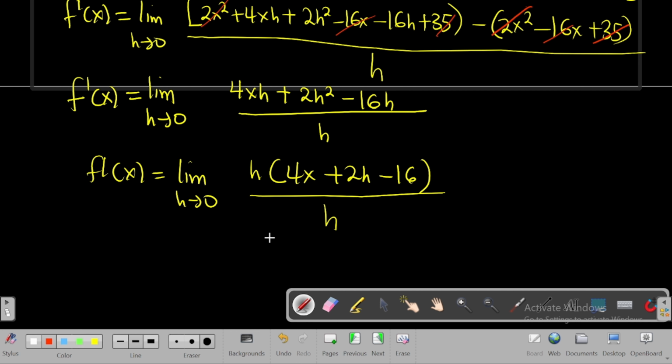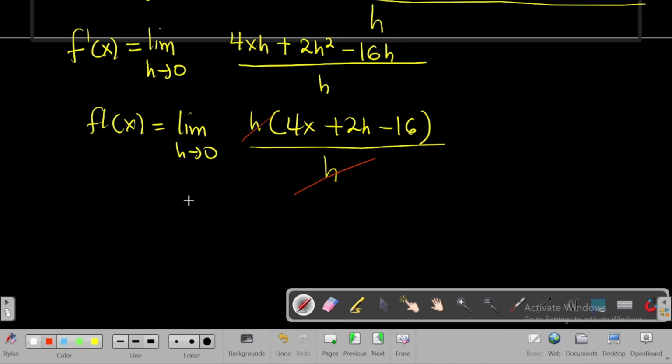Now we can have our h cancelling out, right? This results in f prime of x being equal to limit as h approaches 0 of 4x plus 2h minus 16.